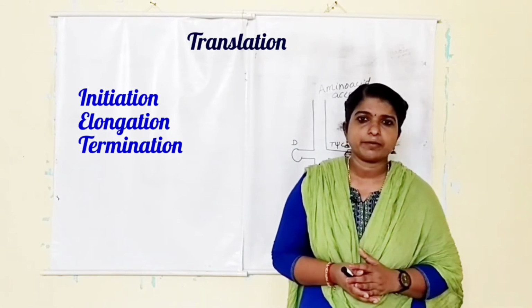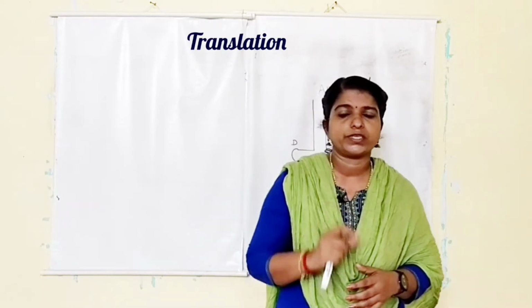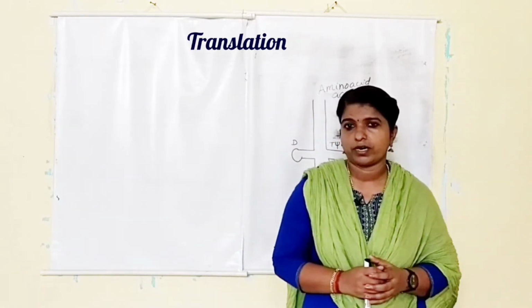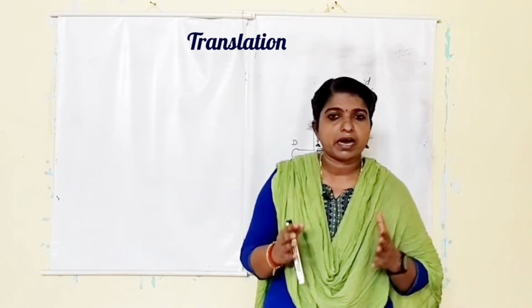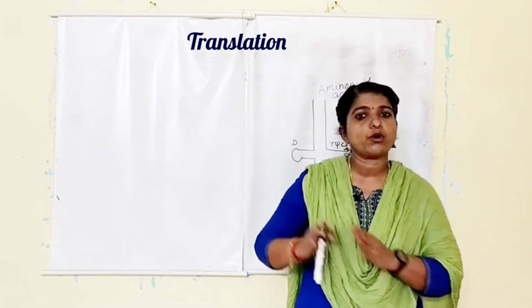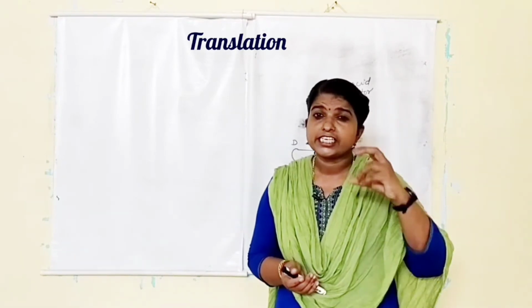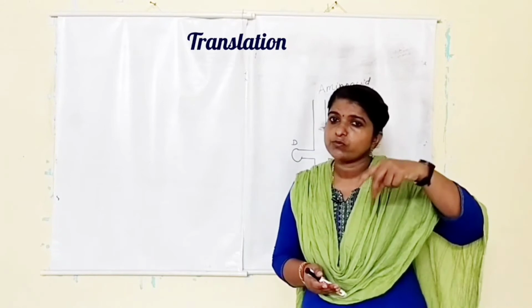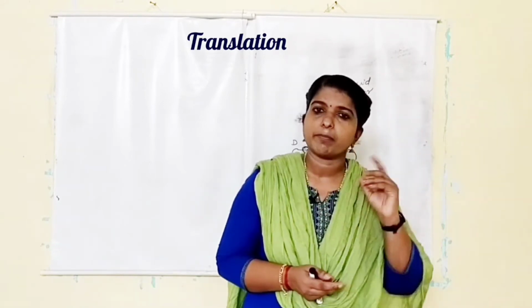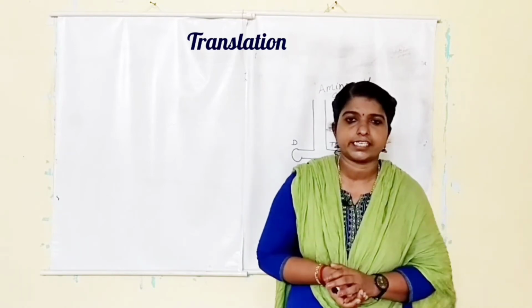During initiation, the initiator tRNA binds with the start codon. You know, the mRNA carries the base sequences. It has a start codon as well as the stop codon. When the initiator tRNA binds with the start codon, the process of translation begins. Okay, that is the first step.